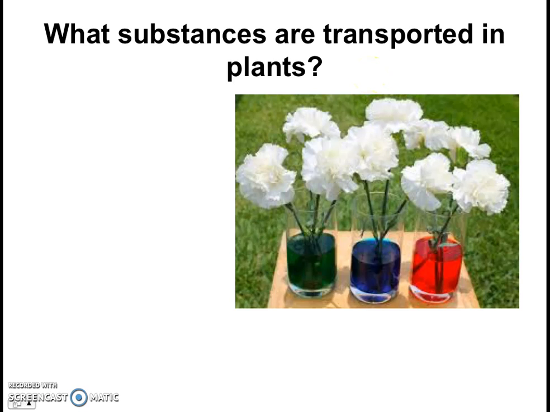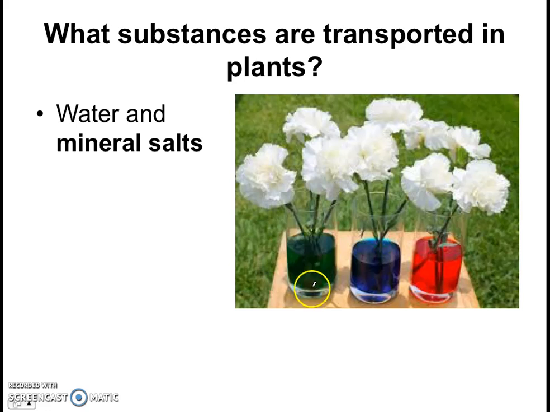Now that tells us something about the kinds of substances that are transported inside plants. So what substances are transported in plants? Well, from this little colored flower experiment, we can tell that plants transport or absorb water, right? Because it is the water, the colored water, that is being transported up the stem into the flower. Now, along with water, plants also transport or absorb mineral salts.